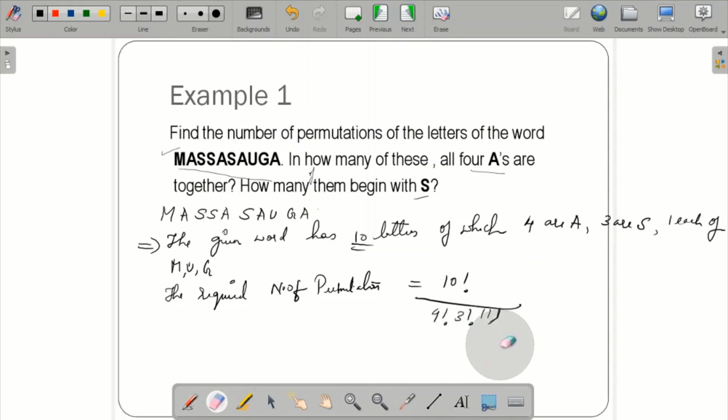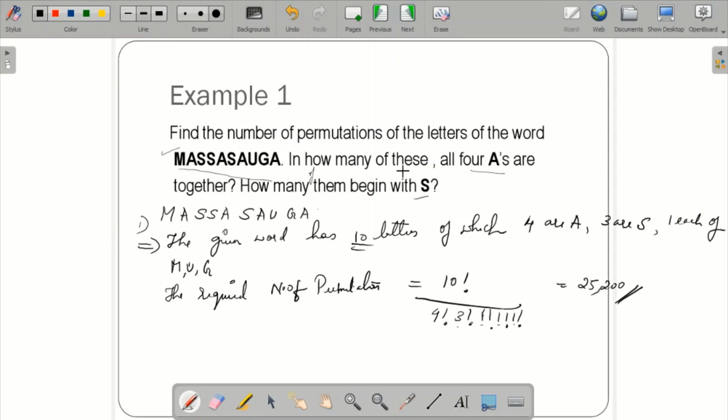All those factorials you should mention, even if it is 1 factorial. When you calculate, you will get the answer as 25200. So this is the number of permutations of the letters of the word MASSASAUGA, and we got the first one solved.